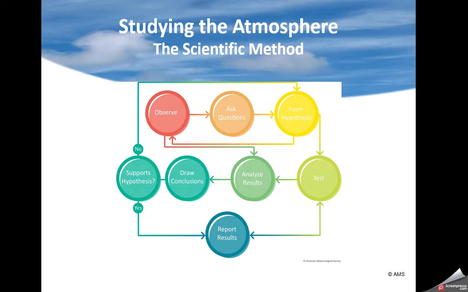Now we formed some hypotheses. Some of them included how the atmospheric stability, which we're going to talk about later, was. Maybe the wind direction, maybe the temperature, amount of moisture. We took each one of those hypotheses and then analyzed results from our observations to see if that would actually support why these thunderstorms came across.